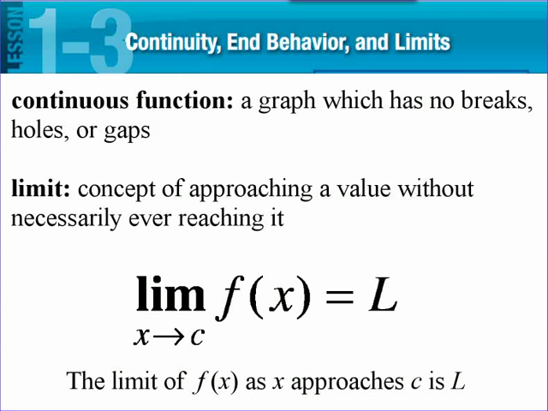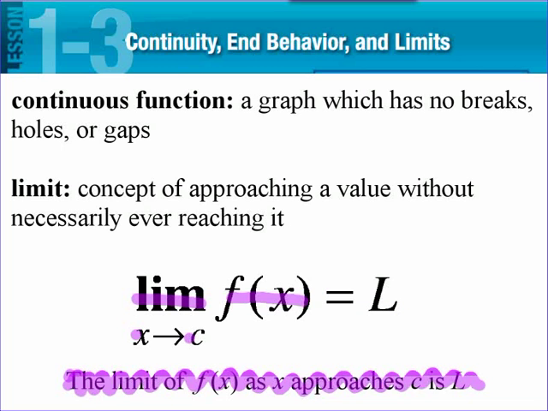Below here is the symbol for a limit, and below that is how it is read. How we read that symbol is: the limit of f of x as x approaches c is L. So that's the order it goes through.